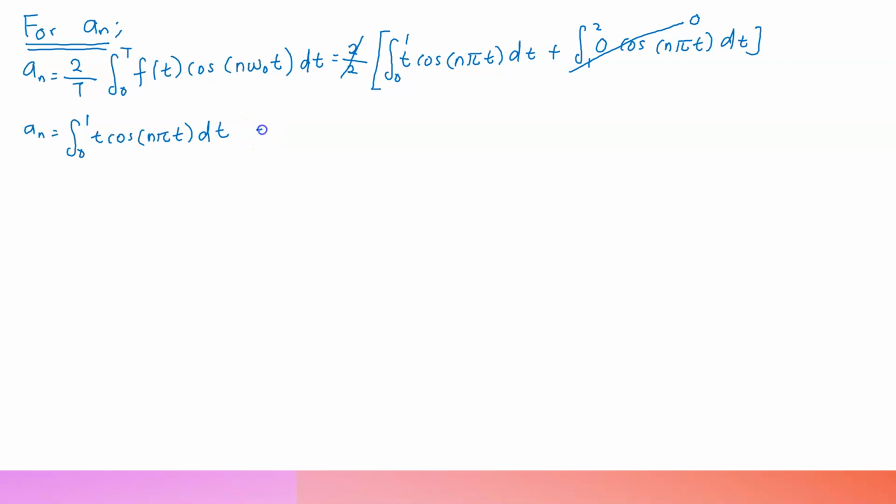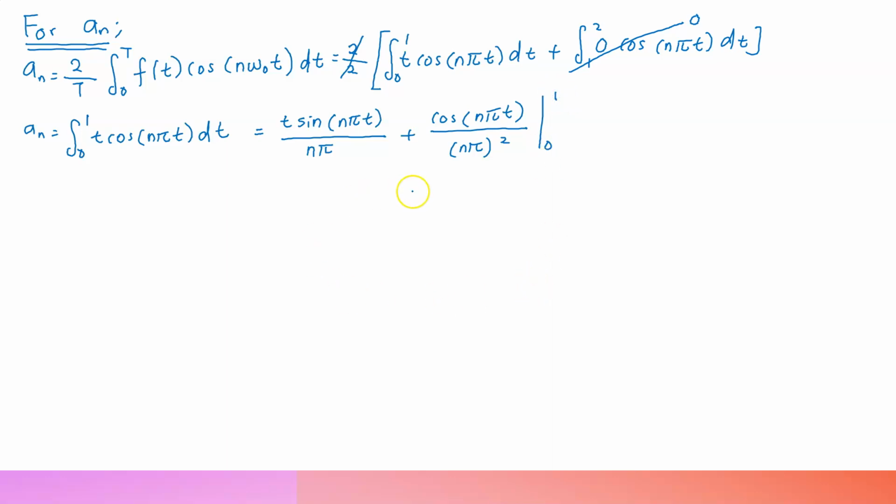If you integrate this, you will get t sin n pi t over n pi plus cos n pi t over n pi square, integration from 0 to 1.